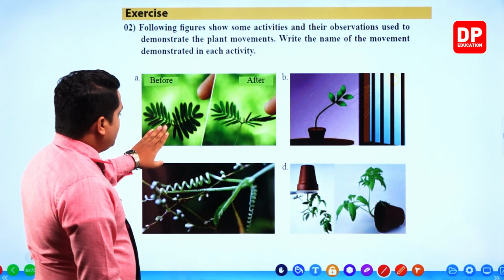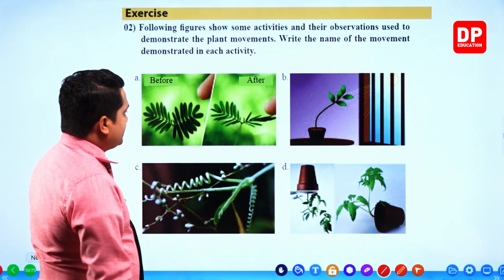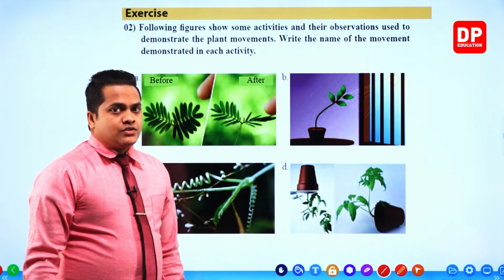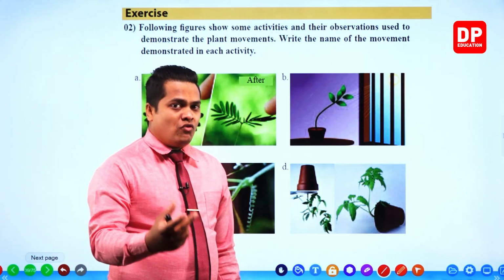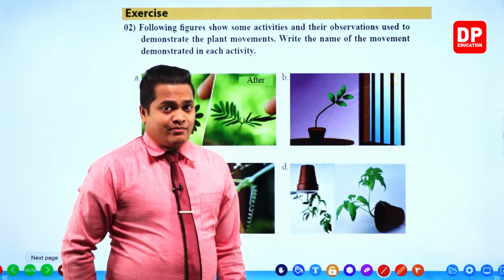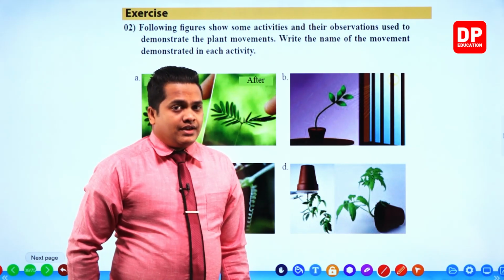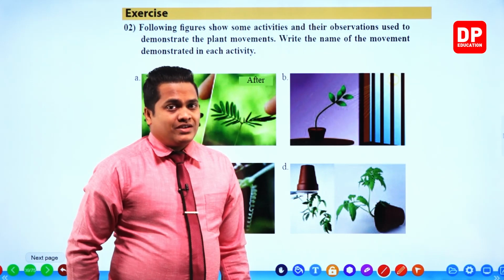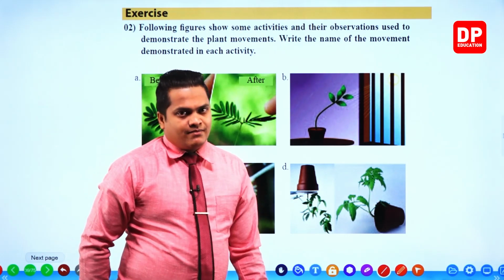So this is a mimosa leaf before and after touching. Here you can see the finger very well. Due to a touch, a sleeping movement is exhibited. This is referred to as a nastic movement. Especially if a nastic movement is shown by a plant due to a touch, then it is referred to as a haptonastic movement.